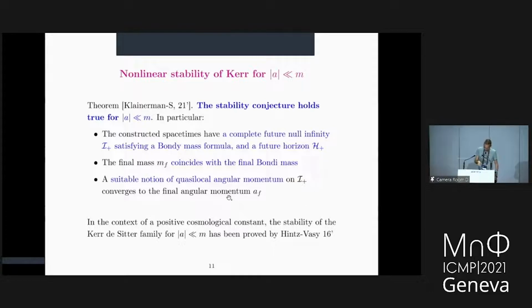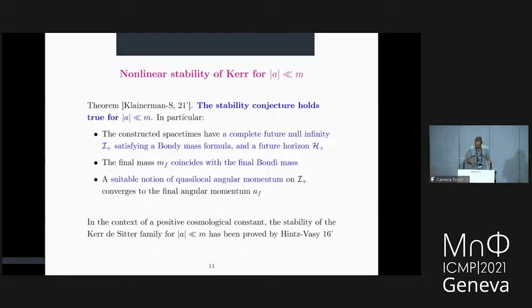The final mass, as you should expect, coincides with the final boundary mass. And we can define a suitable notion of quasi-local angular momentum on null infinity, and in fact inside the spacetime too, which converges to the final angular momentum of your solution.